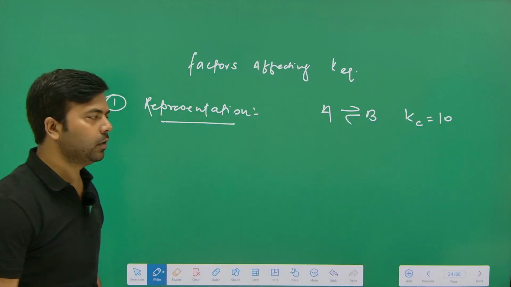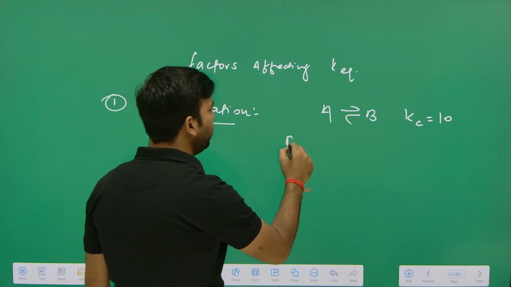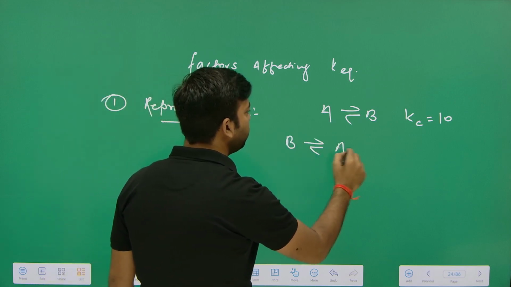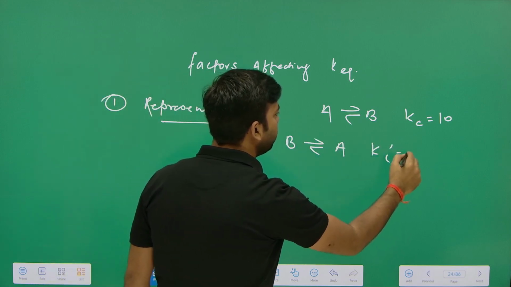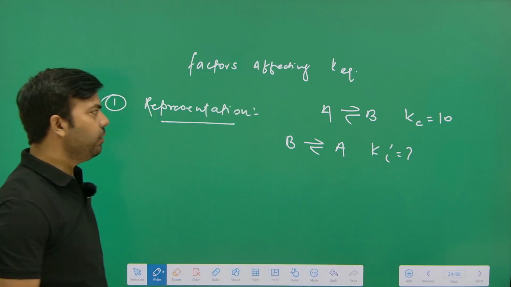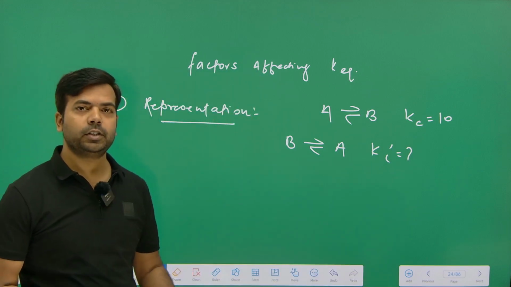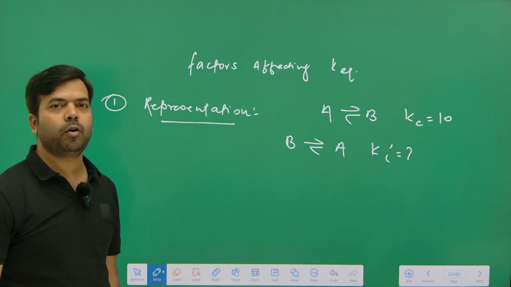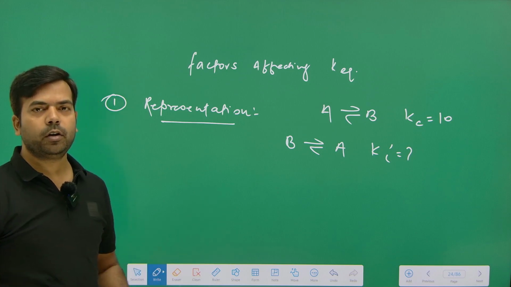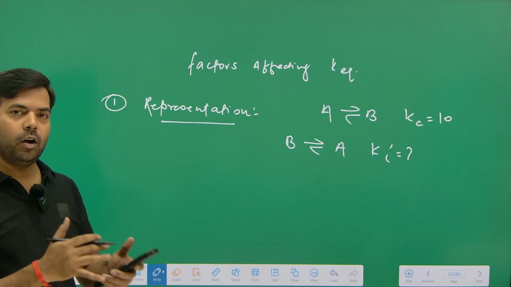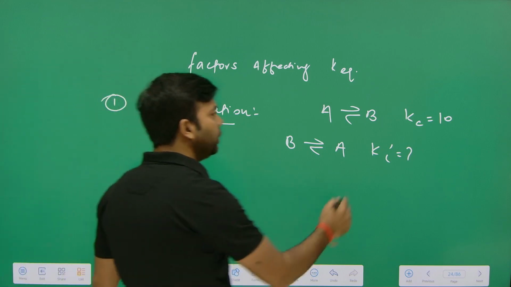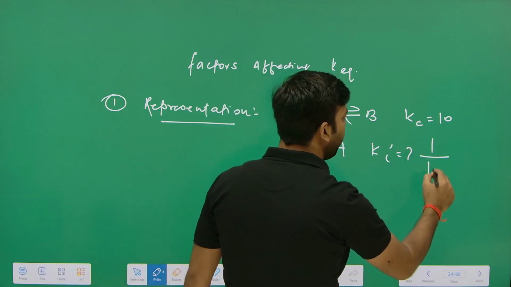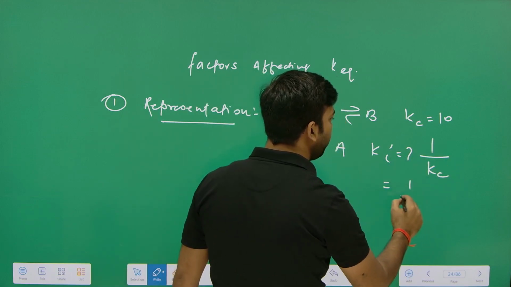This is given. And I am asking what should be the equilibrium constant for B to A? What should be the new Kc? Whenever you have a reaction and you write its reverse form, your Kc will be reciprocal, meaning the new Kc will be 1 upon Kc, which is 1 upon 10.